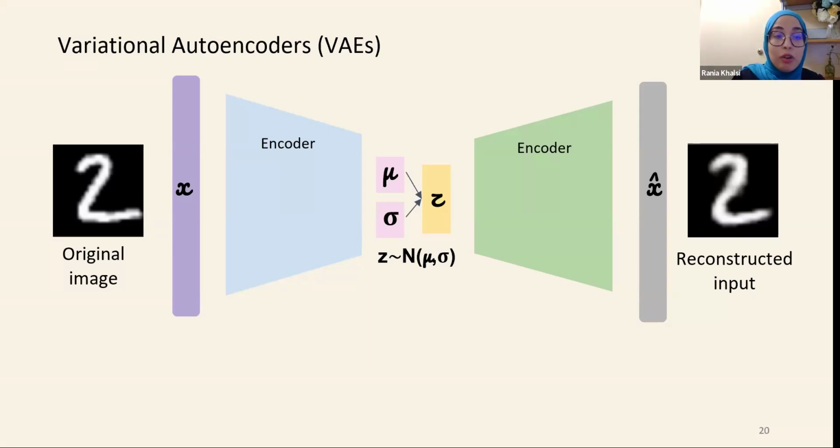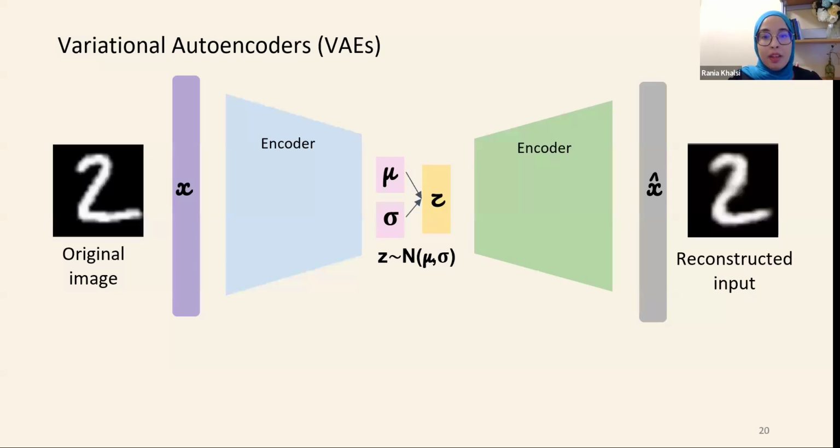This is why I'm talking mainly about probability distributions. The encoder is computing a probability distribution of the latent space given the input data x, and the decoder is doing the reverse.